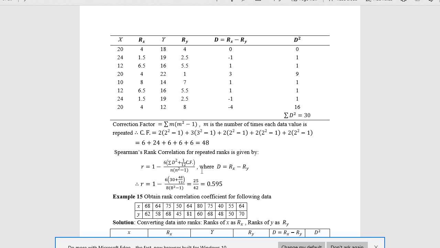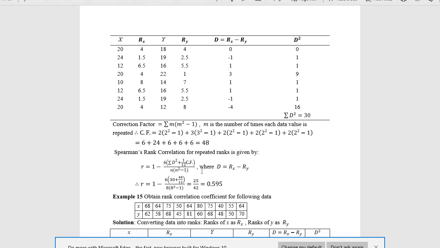When repeated ranks are there, in the Y series also you can observe 22 is the maximum, rank 1, and 2.5 is given to 19 because 19 is repeated twice. The next ranks, 4, 5, 6, are given to 16. 16 is repeated how many times?